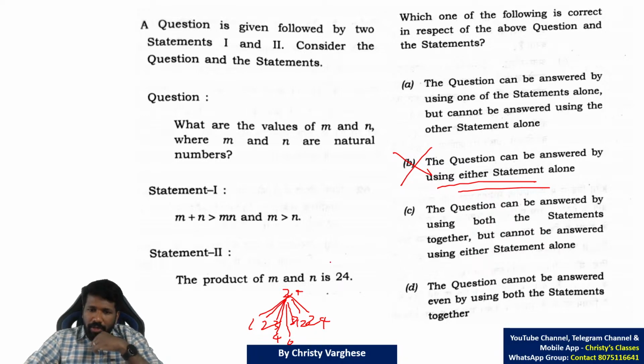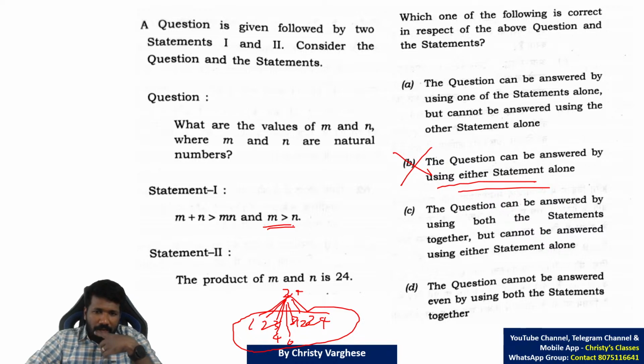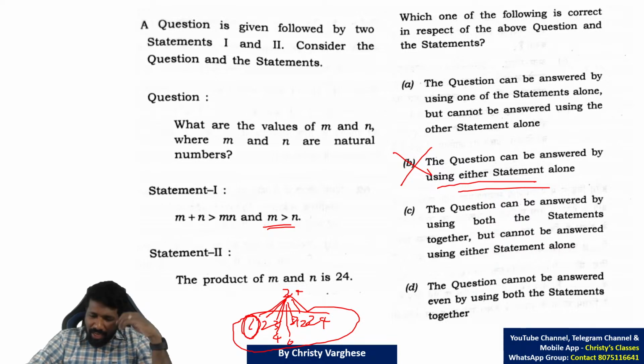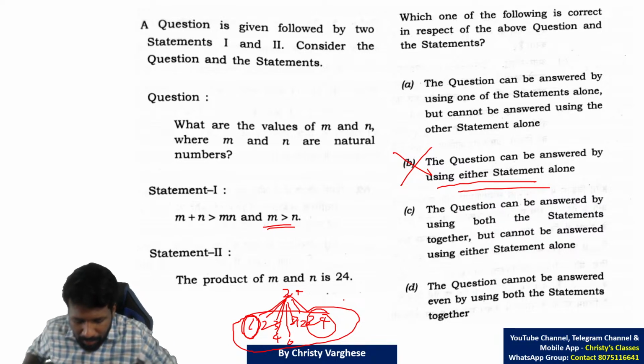Now the next possibility is using both the statements. Using the second statement we got these possible values of m and n. Using the first statement we know that m is greater than n, and that one number should be 1. So if n is 1, m should be 24, because 1 into 24 can only be 24.